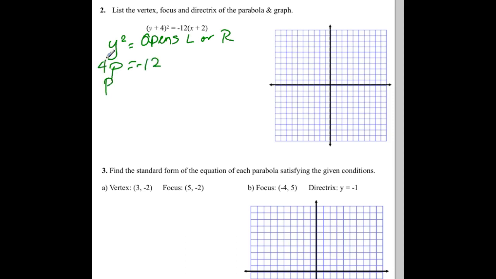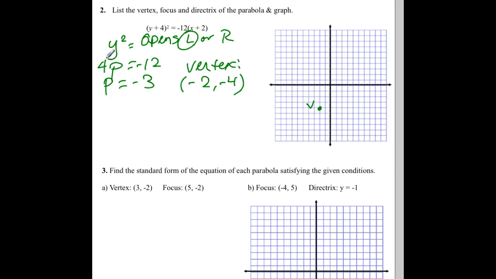So p has to equal -3, which means it opens left. Okay, how about vertex? Can we tell that from the equation? Yeah, did anybody have them turned around? It should be -2, -4. Make sure you put in your h value and then your k value, right? Okay, so vertex, -2, -4.